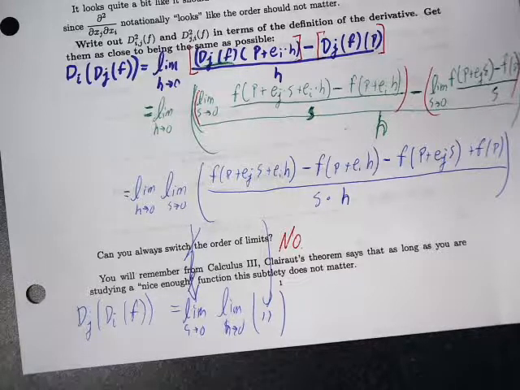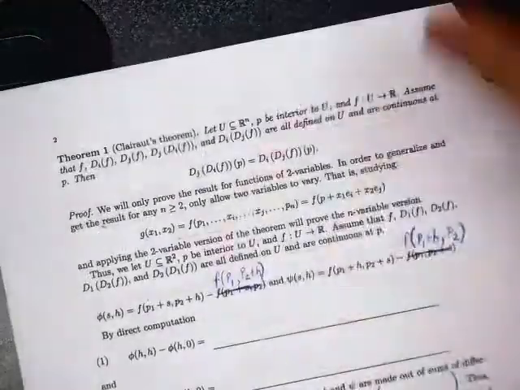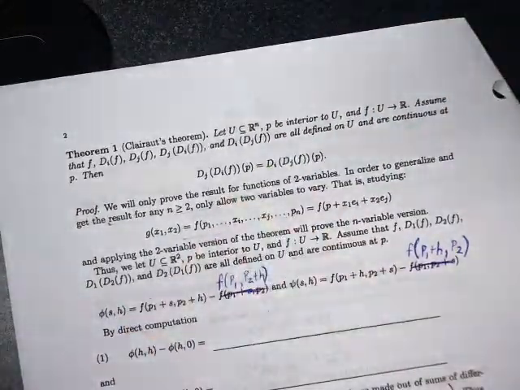But the mean value theorem requires some continuity of some derivatives. So clearly Clairaut's theorem is going to require some derivatives be continuous. So here, let's state Clairaut's theorem along with all of the assumptions. Clairaut's theorem. Let U be a subset of Rn.